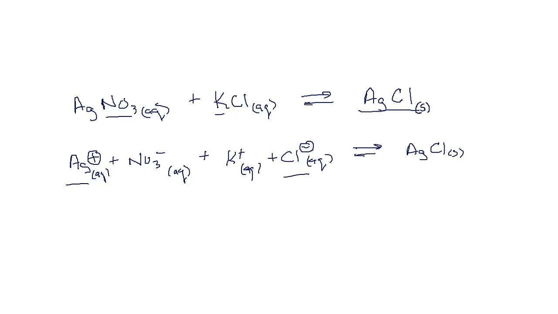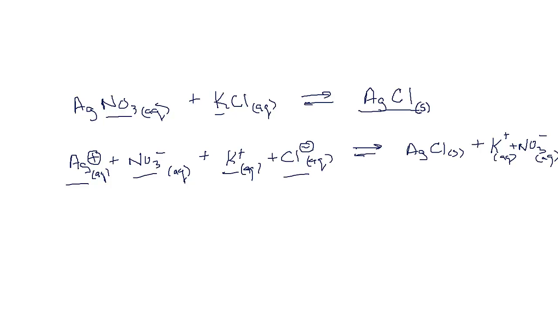And then we have to evaluate the other compound. Does potassium nitrate dissolve in water? Well, it does. All group 1A metal salts dissolve in water, so that's going to be a positive potassium ion and a nitrate ion. And these would be AQ and AQ.